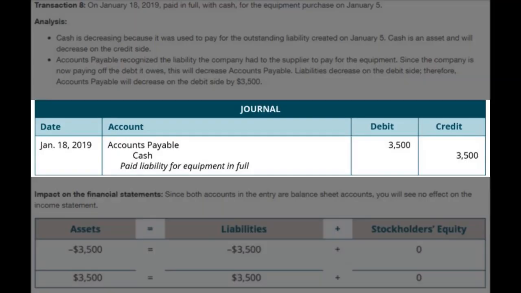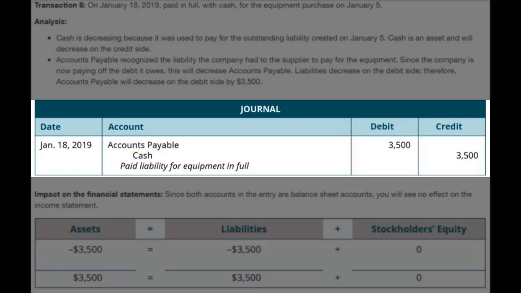What do we call or label the decline in cash? Declines in assets are labeled credits. What do we call or label the decline or decrease in the liability? Well, decreases in liabilities are called debits.